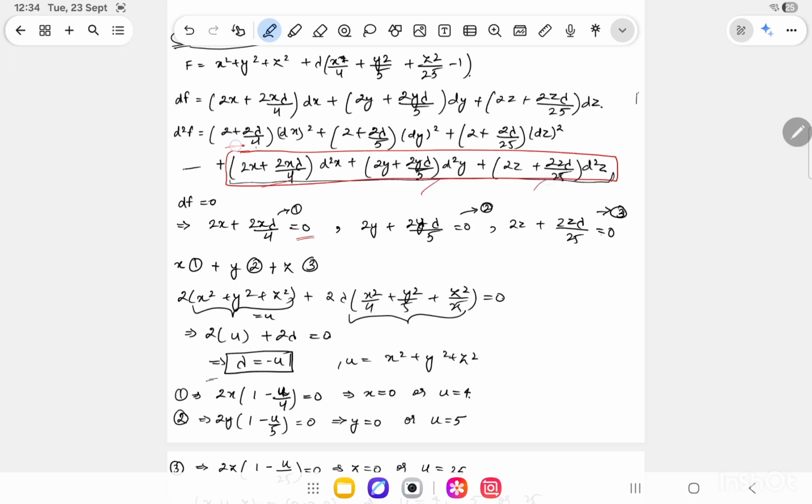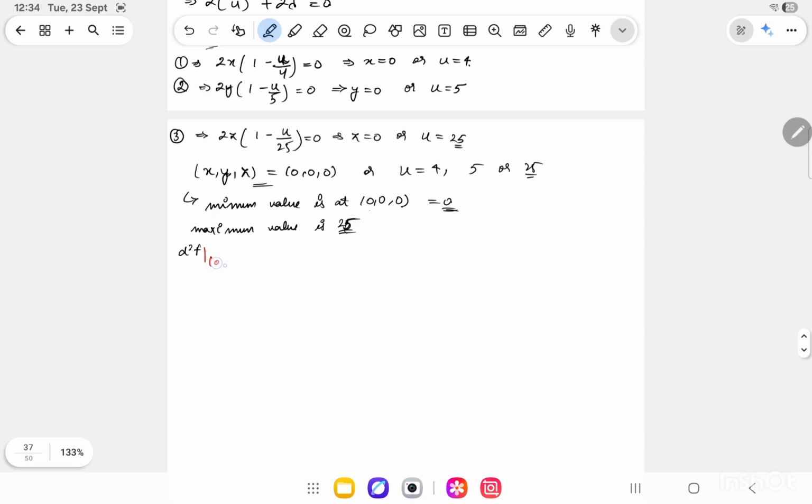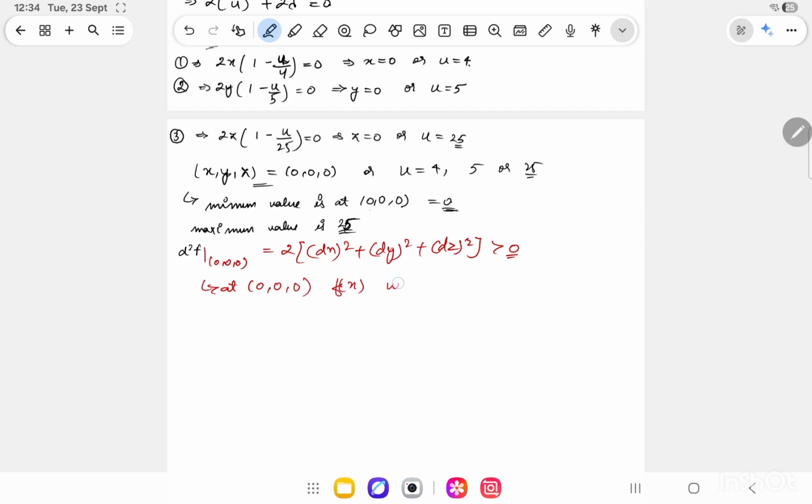So we are now supposed to check for this. At point (0, 0, 0) lambda will be 0, so we will be left with 2 times (dx² + dy² + dz²), and this thing will always be greater than 0. So at (0, 0, 0) the function f will attain a minimum value.